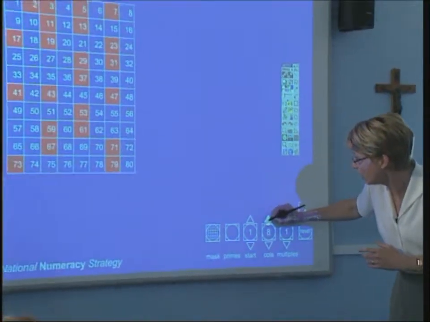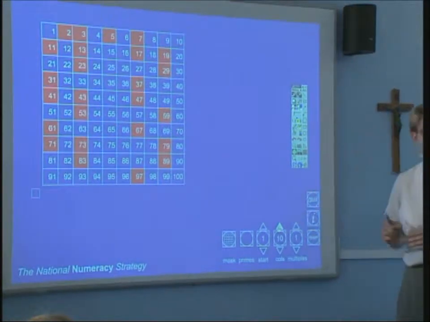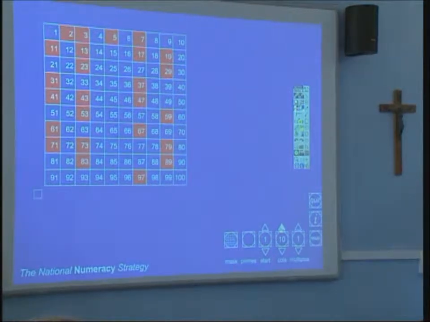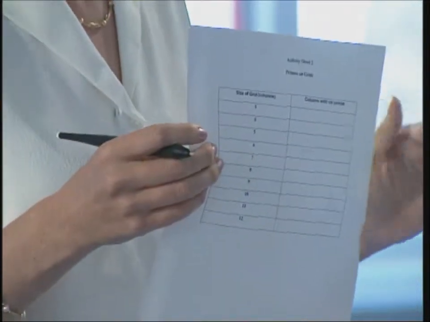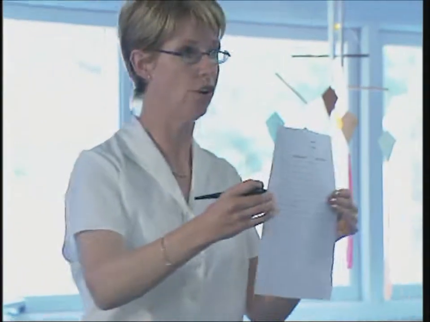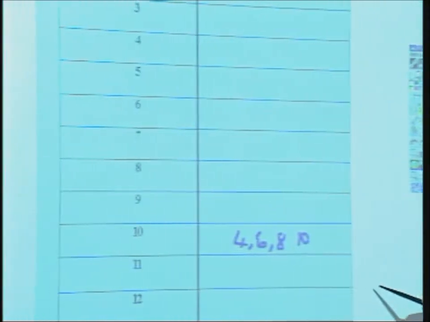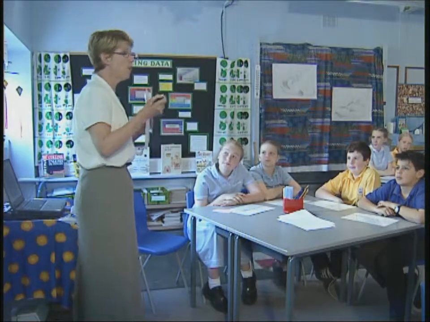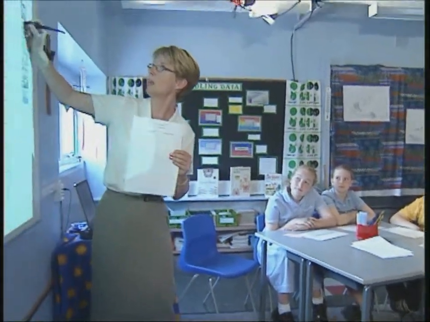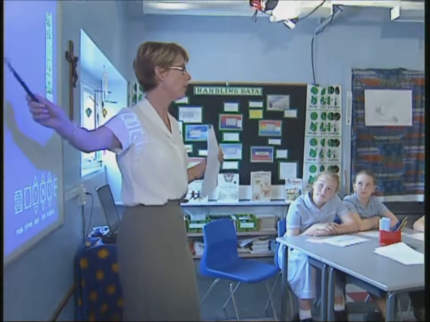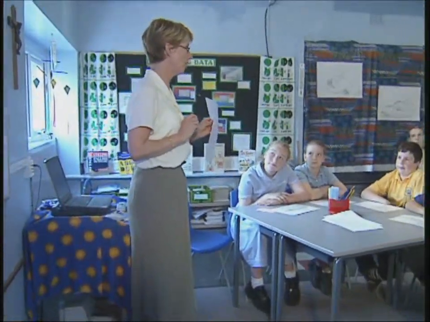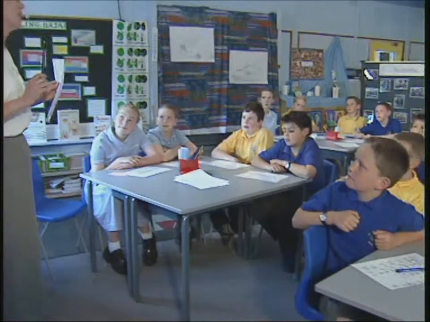What you're looking for is to identify where there will be no prime numbers on the grid that you're working on. And then record those patterns on the sheet that you've got on your table, which is exactly the same as we've got on the board here. And you don't have to worry about the prime numbers because we've already found those and I'm leaving those up on the board to help you. Okay, everybody ready? Yes. Off you go.